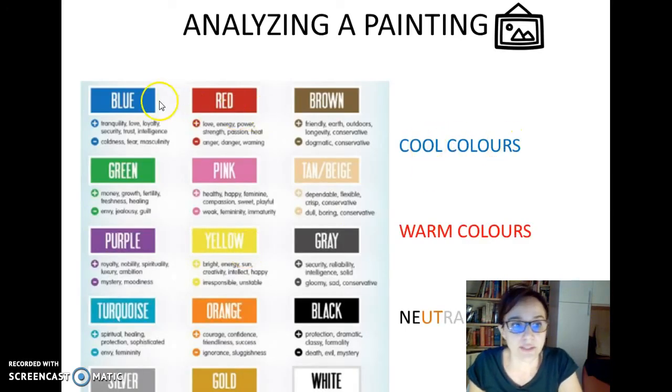The cool colors can be blue, green, purple, turquoise, or silver. As regards the warm colors, they can be red, pink, yellow, orange, or even gold. As regards the neutral colors, they can be brown, tan or beige, gray, black, or white.